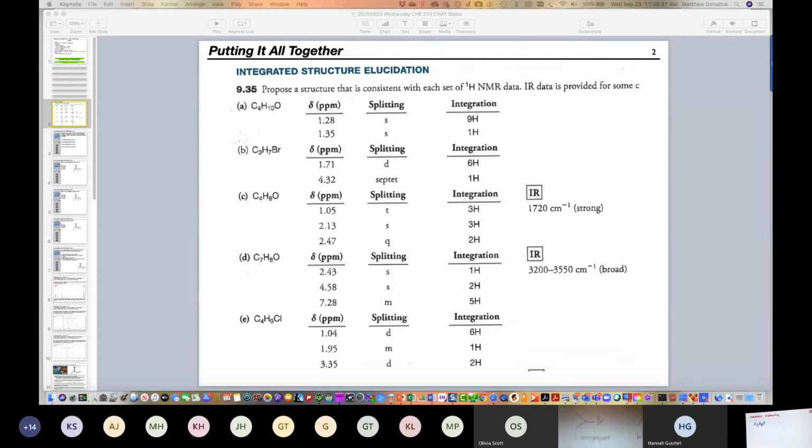So C7H8O, how many degrees of unsaturation are present? So we're getting quite a bit of 4s.